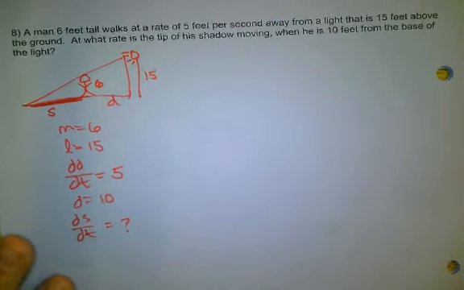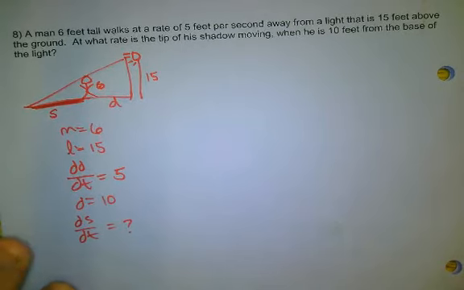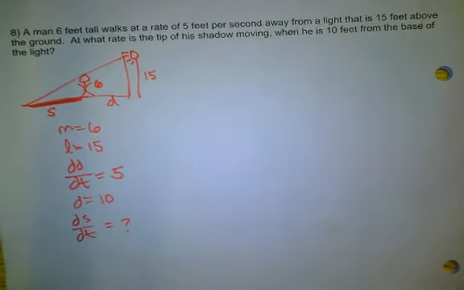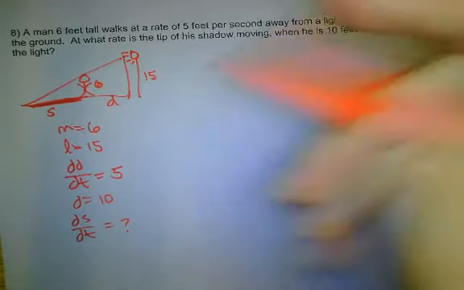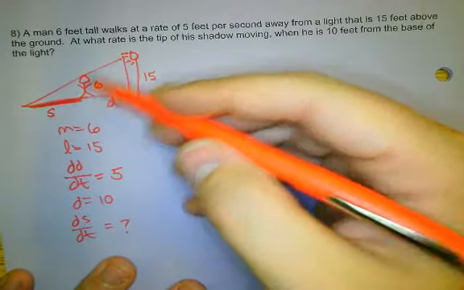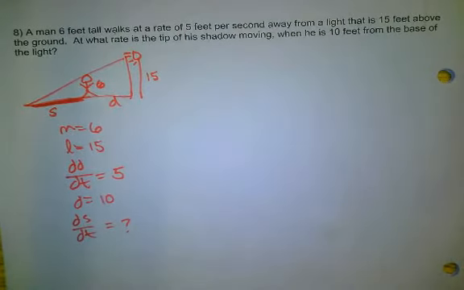Okay, so let's go back to geometry. How can you make a relation out of a triangle inside of another triangle? You're just making a proportion. Let's do a proportion of the big triangle.